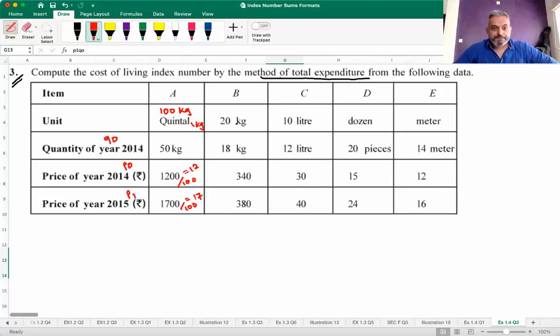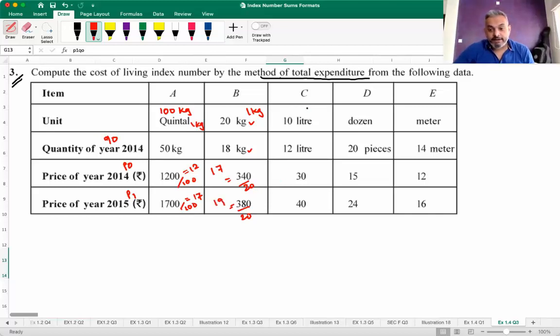Now B, unit 20 kg, 18 kg. But here 20 kg price is 340, but we are buying only 18 kg. So we have to convert this 20 kg to 1 kg and price divide by 20, which is equal to 17, which is equal to 19.